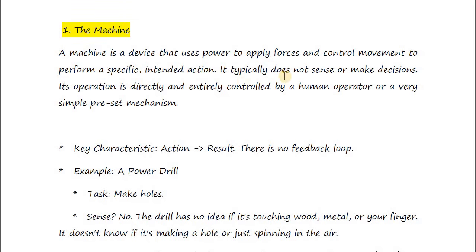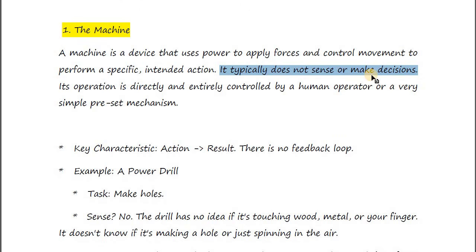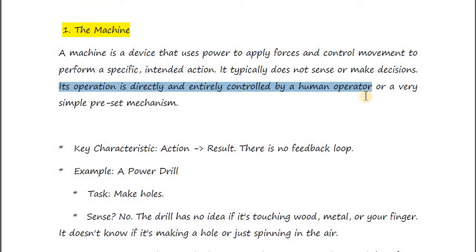Now you see, it typically does not sense or make decisions. This is very important. It does not sense or make decisions, and its operation is directly or entirely controlled by a human operator. So a human says go left, it goes left. Human says sit down, it sits down, if it has the capability, of course, right?